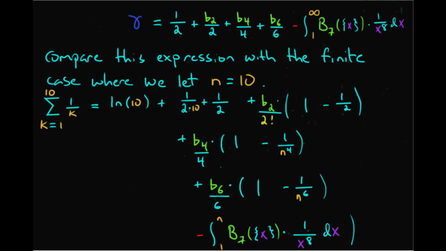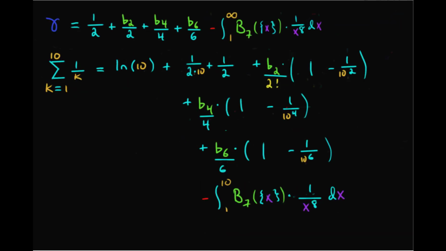So I've just sort of copied and pasted the formula that we derived before, but now I'm subbing in the number 10 for n. So we have two equations here. Our top equation is our formula for gamma, where we let n tend towards infinity in the Euler-Maclaurin summation formula. And our second equation is the Euler-Maclaurin summation formula, where we've let n equal 10.